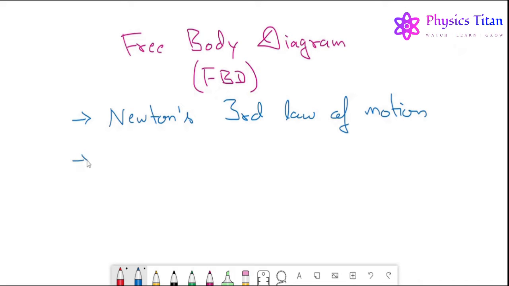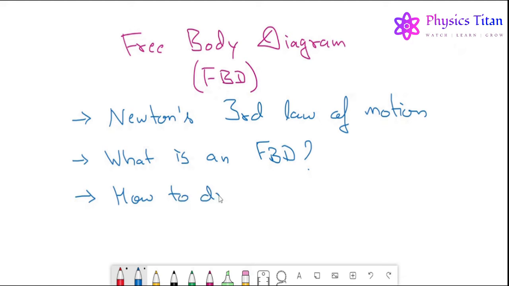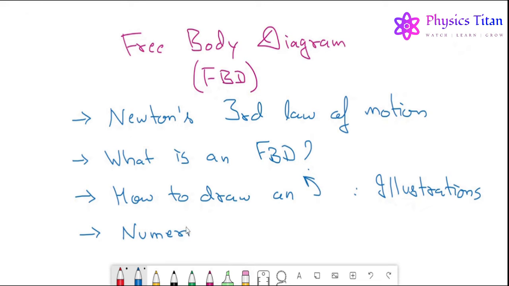Then we'll jump on to our topic, that is what is a free body diagram. Then we will learn how to draw an FBD, and here we will see some illustrations as well. And at last we will do some numericals. Okay, so this will be the sequence of this lecture. So let's begin.